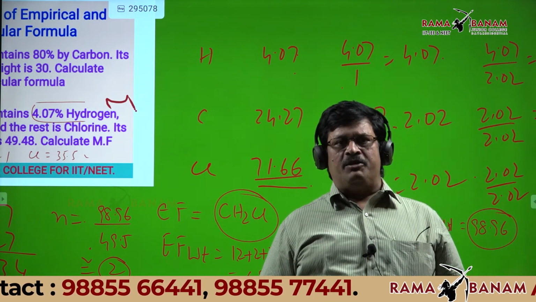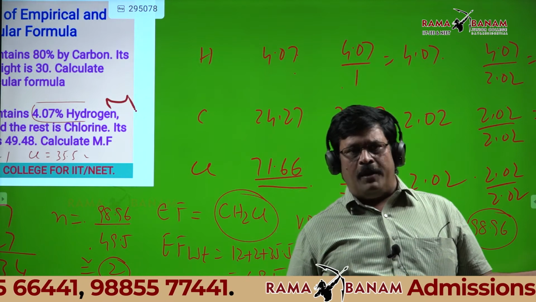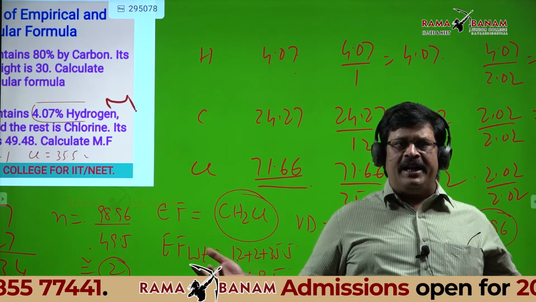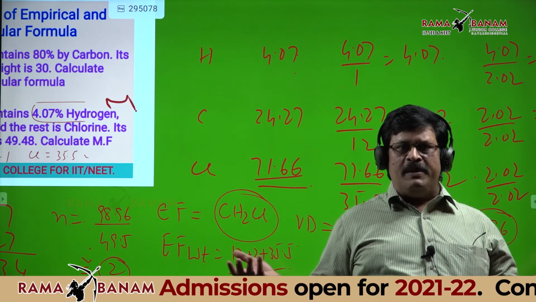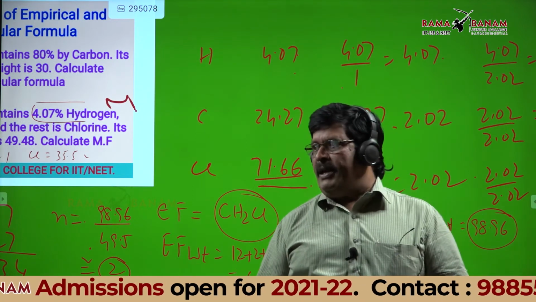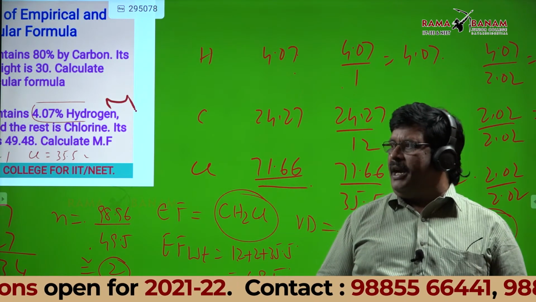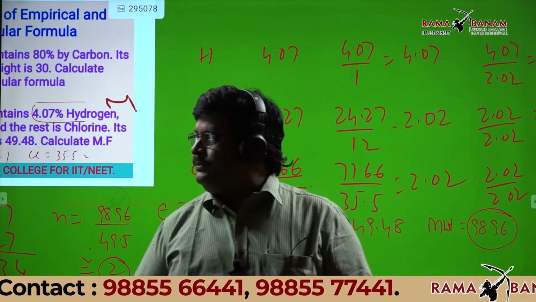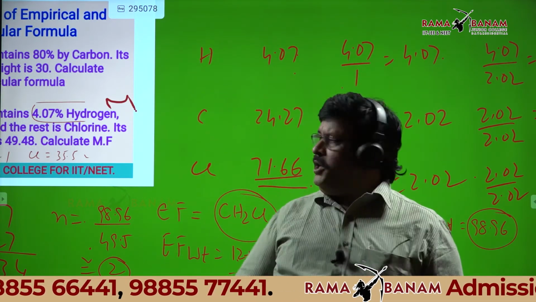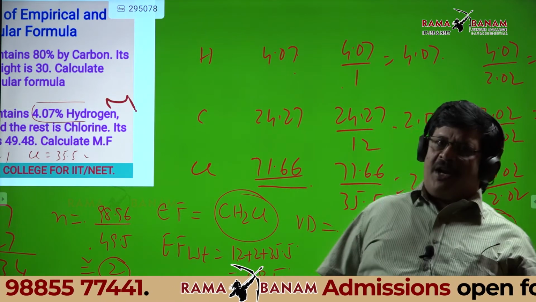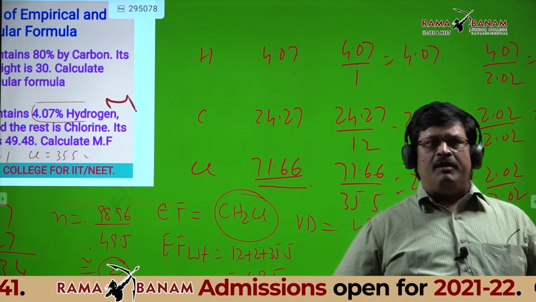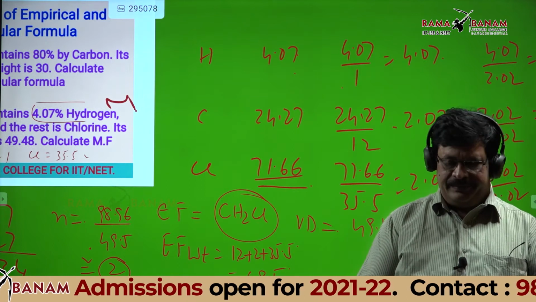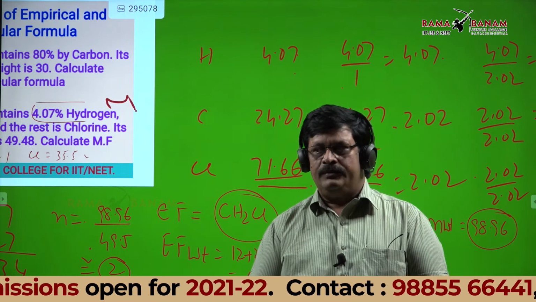The rest is chlorine, that's what is given in the problem. Rest means remaining is chlorine. Percentage means the total should be 100. So you add these two and subtract that sum from 100, and we will get chlorine. Is it okay?